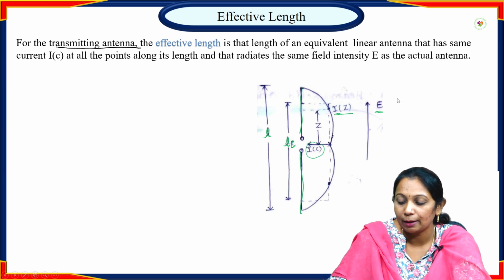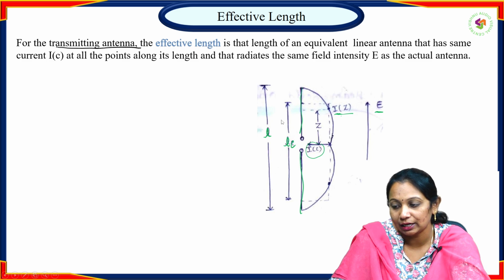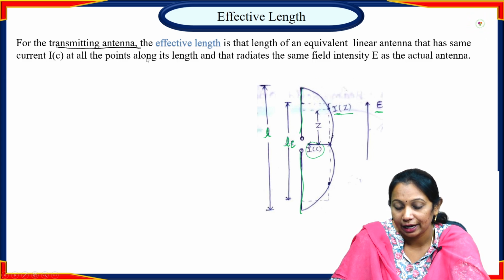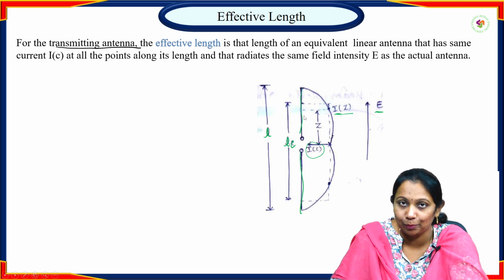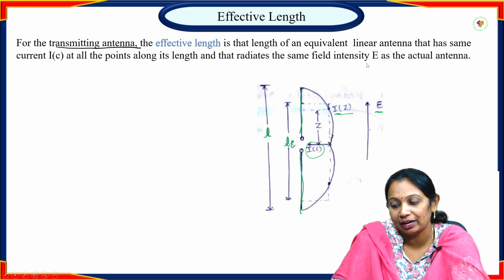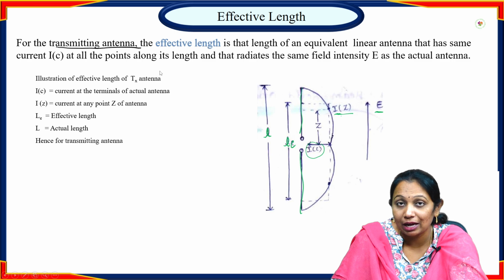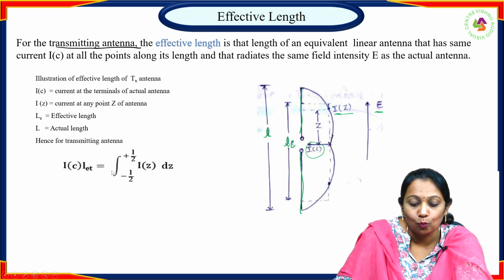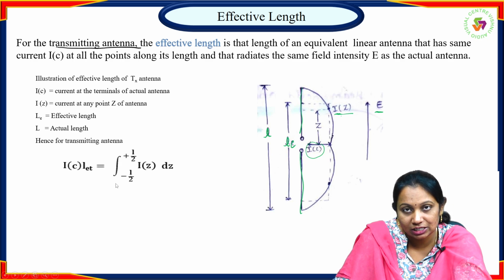Now I am replacing this with the equivalent linear antenna, which has the same current I of C at all points along its length, and radiates the same field intensity E as the actual antenna. The way we calculate the effective length of this antenna is LE equals 1 by I of C, integral from minus L by 2 to L by 2.